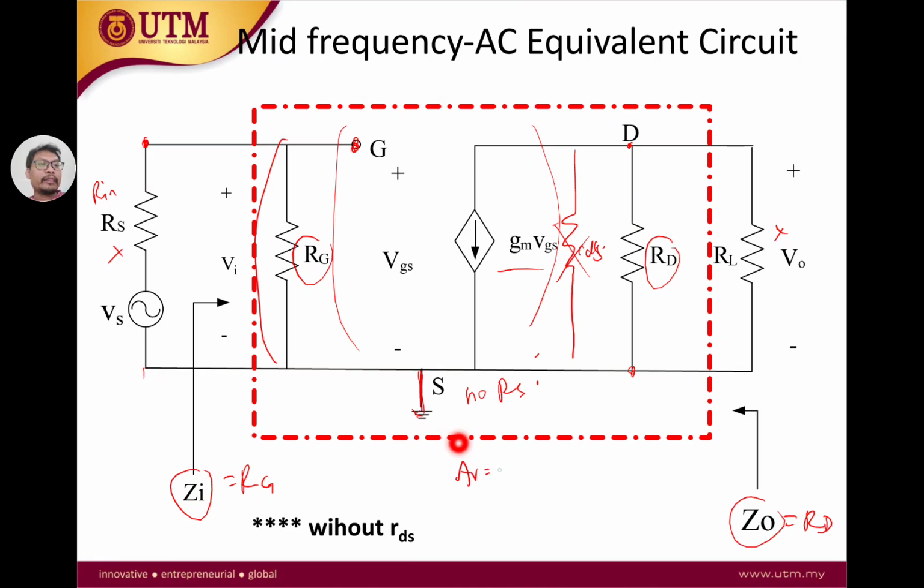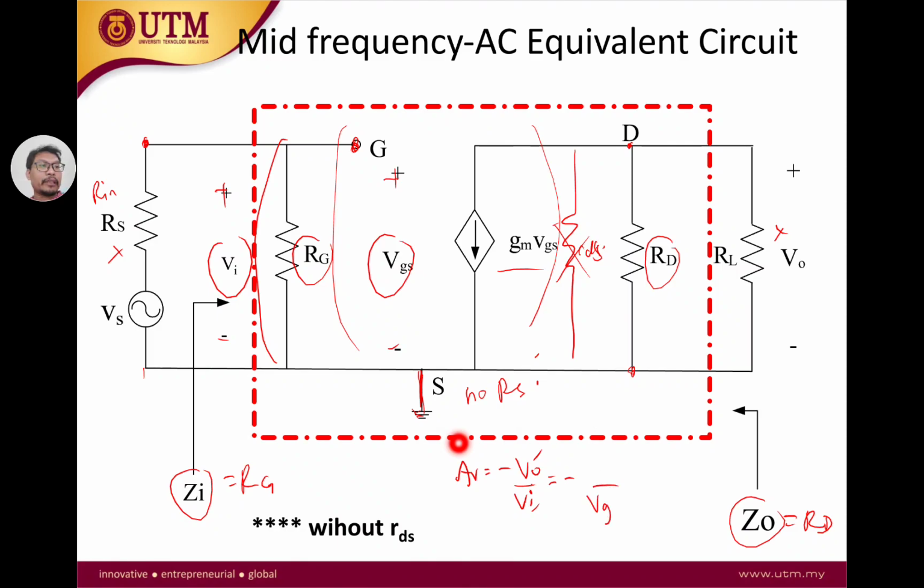What is our AV? AV is given by V out over V in, which is the voltage gain. How much V out are we gaining from a given input voltage? VI is in fact equal to VGS.